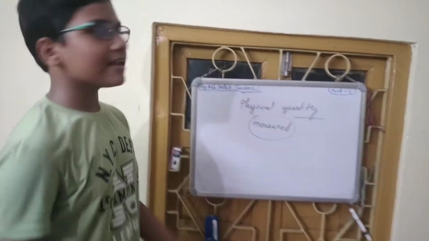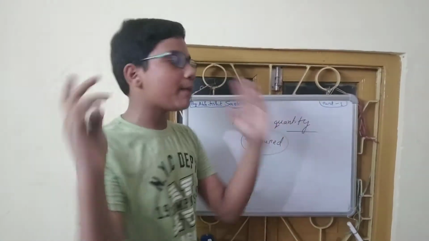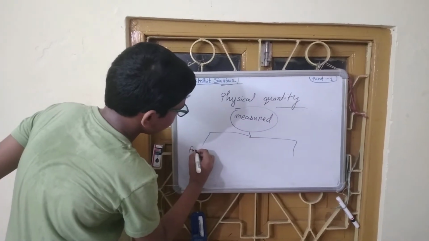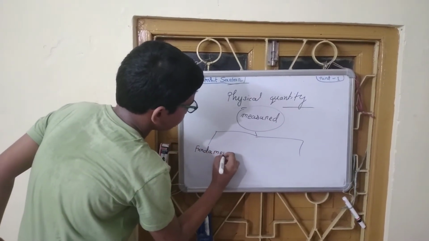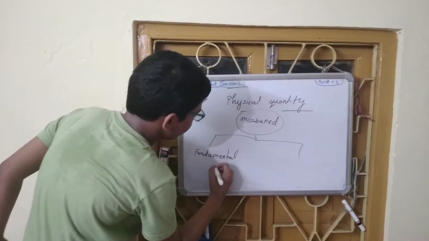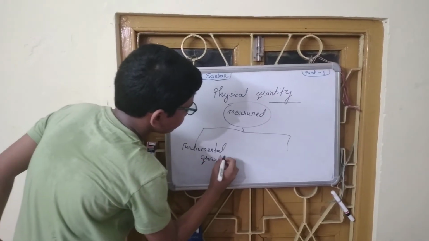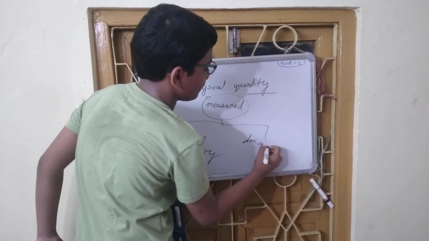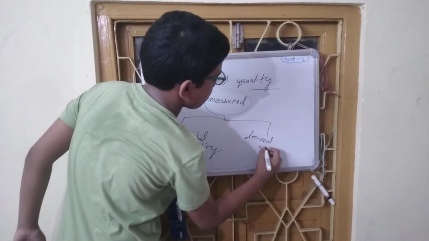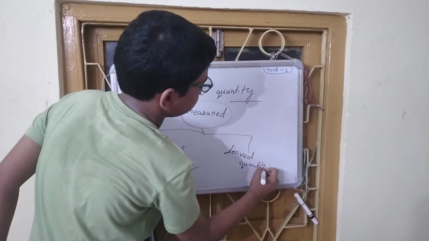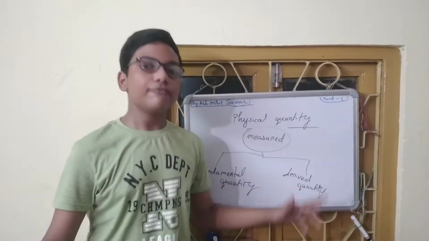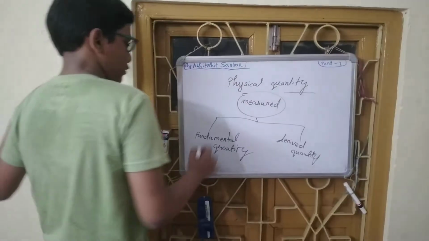Now, this physical quantity is divided into two parts. The first one is fundamental quantity, and the next one is derived quantity. Now, fundamental quantity.